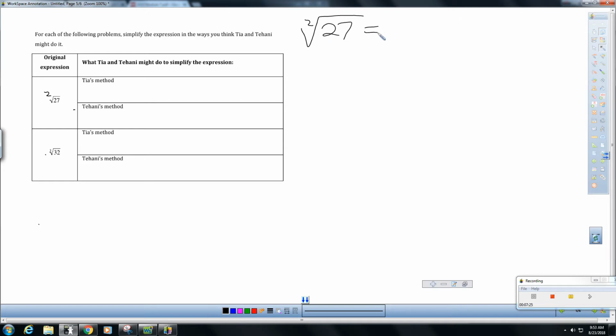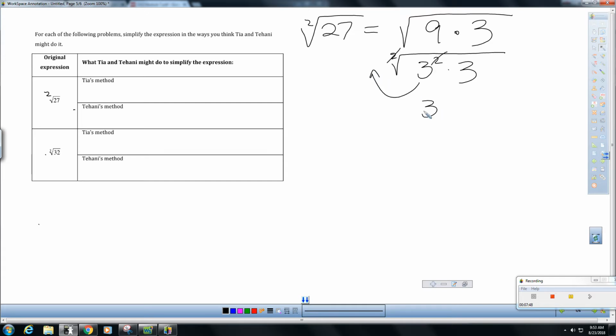So you can consider that the square root of 9 times 3. And that is the square root of 3 squared times 3. Remember, there's a square root there. Well, look, one of the rules we learned was that cancels. So now we can take that 3 and put it out here, and we would write that as 3 times the square root of 3.